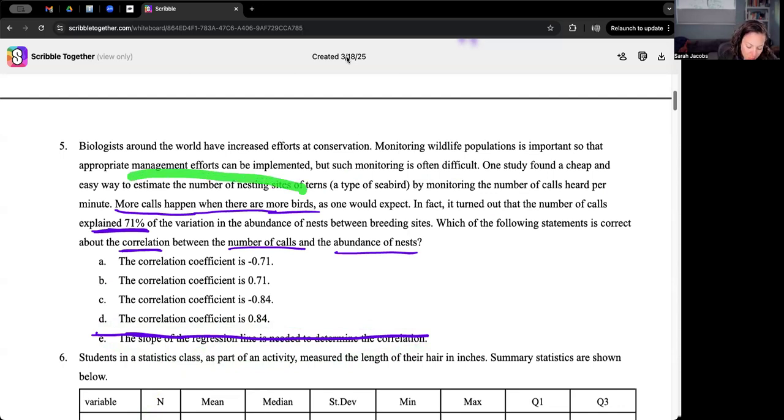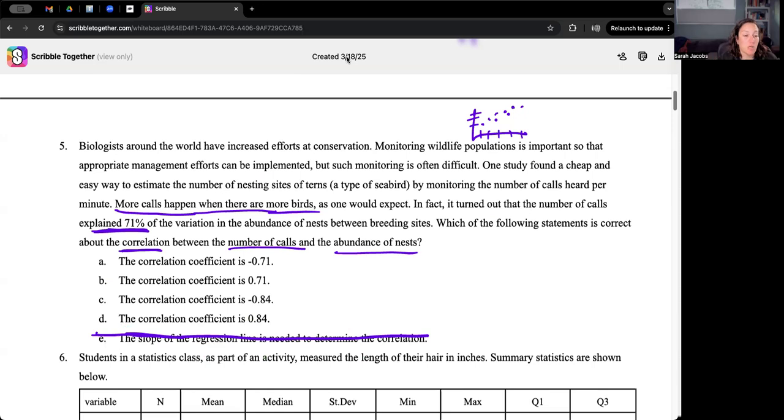Second of all, more calls happen when there are more birds. So if we thought about our scatter plot, as we move to the right, as the number of calls increases, we should find an increase in the number of nests, right? Something like that. This is going to be a positive relationship.